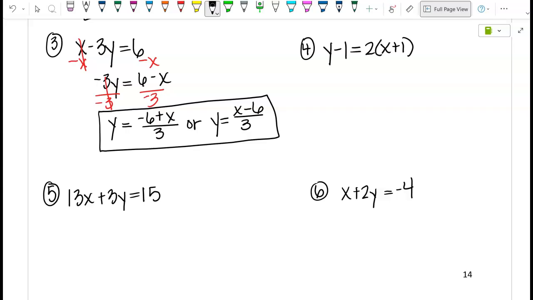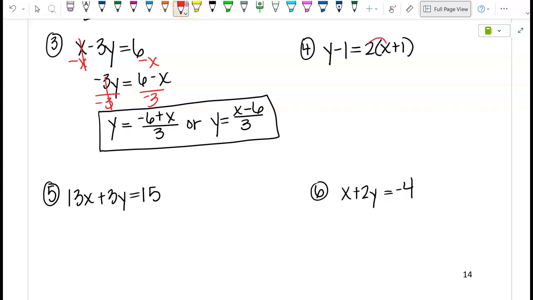Number 4, y minus 1 equals 2 times the quantity x plus 1. So Melody Luna, what is the first step that I need to do here in being able to solve this?